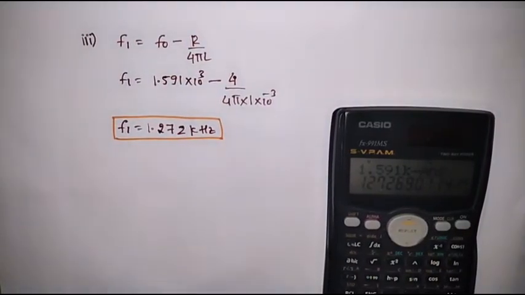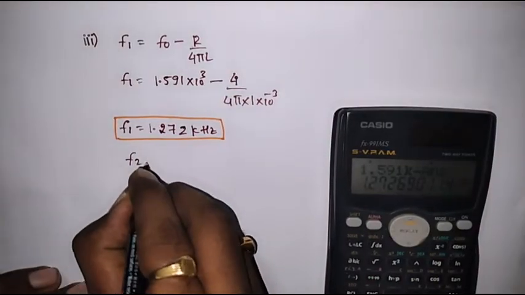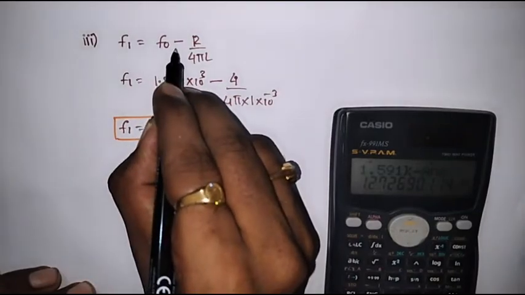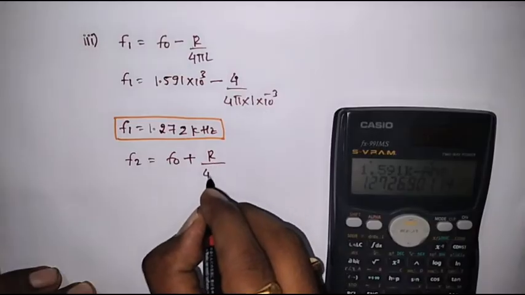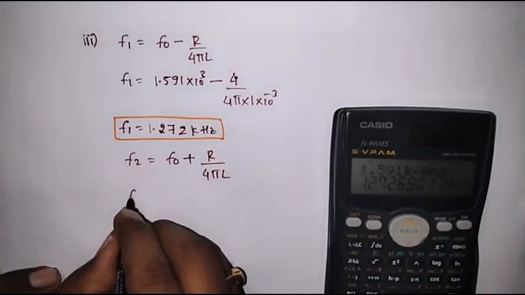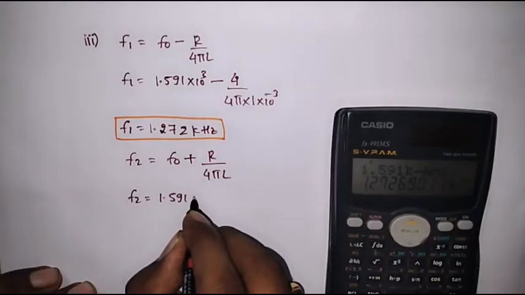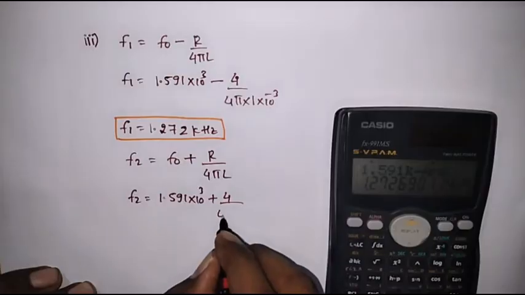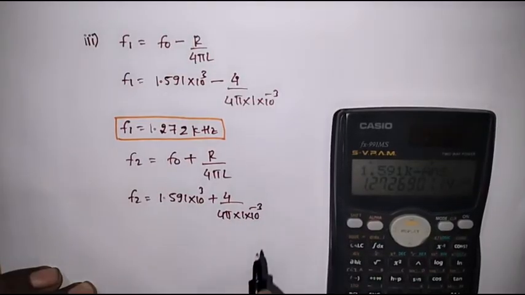One should remember these two formulas. Now we'll calculate upper cutoff frequency F2, which is given by the same formula, here it will be plus R divided by 4 pi into L. Therefore F2 is equal to 1.591 into 10 raised to 3 plus 4 divided by 4 pi into 1 into 10 raised to minus 3.